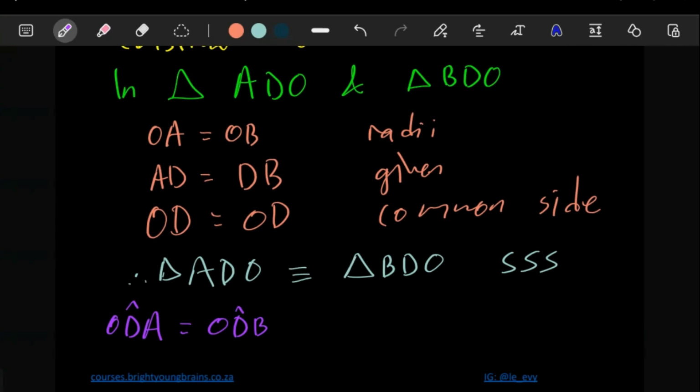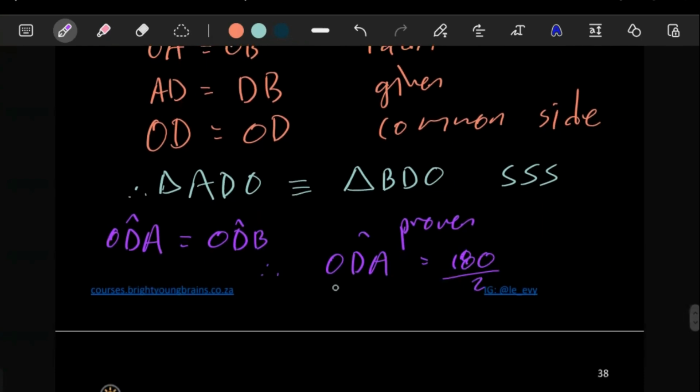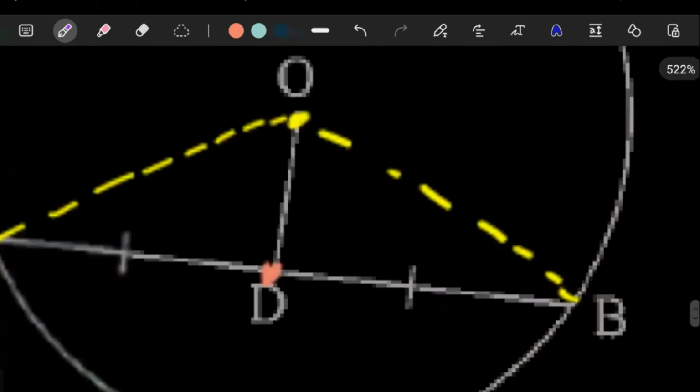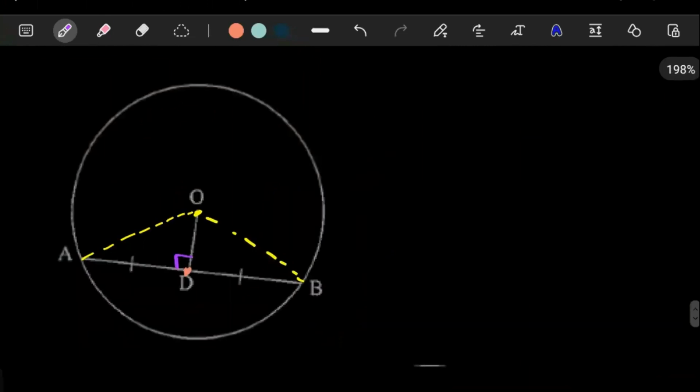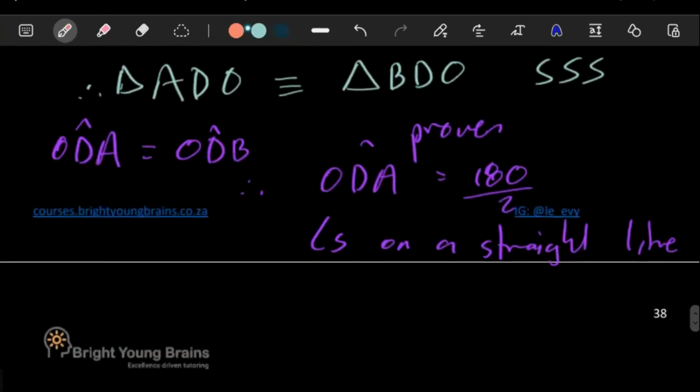This has already been proven since the triangles are congruent. Congruent means everything is identical. So you can say therefore ODA is equal to 180 divided by 2. The reason is angles on a straight line. So because you've proven that one of the angles is 90 degrees, you've proven what they're asking you here. So you can almost write it as a conclusion.